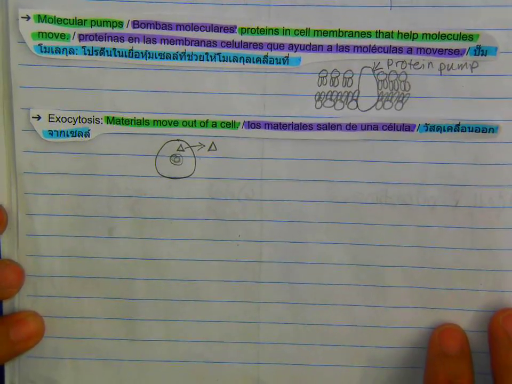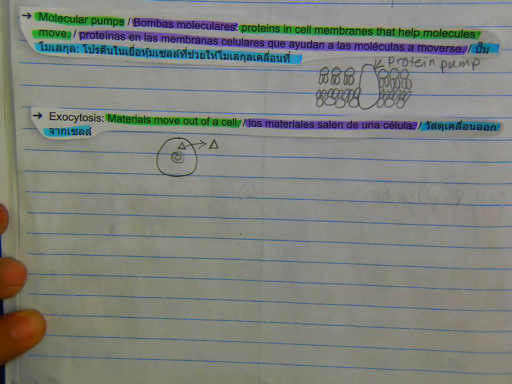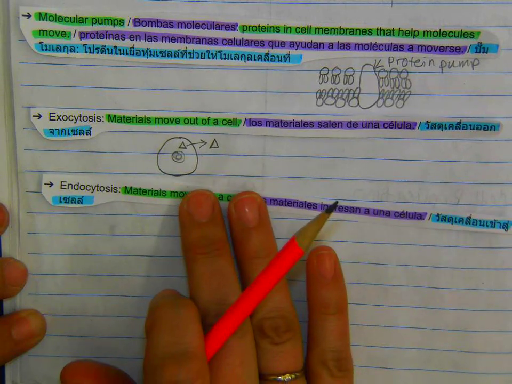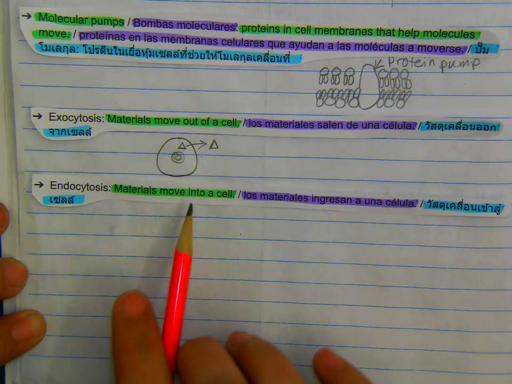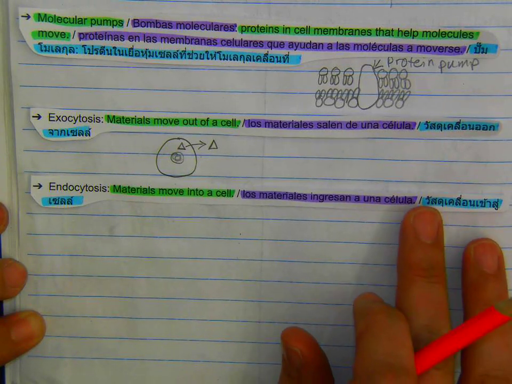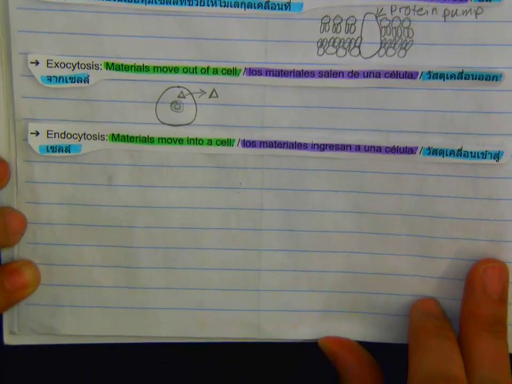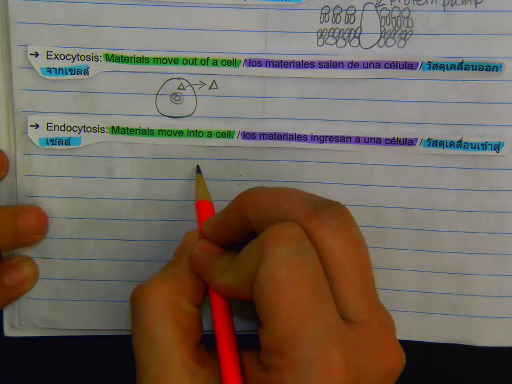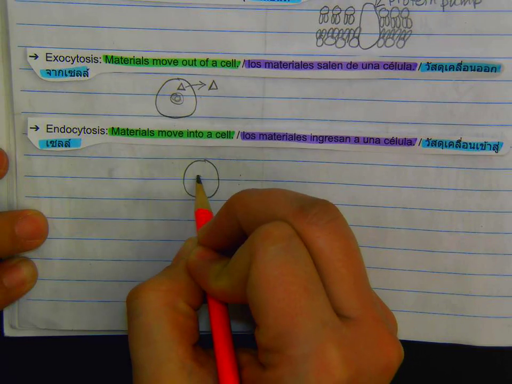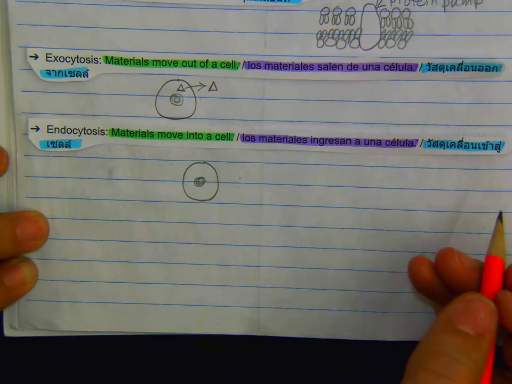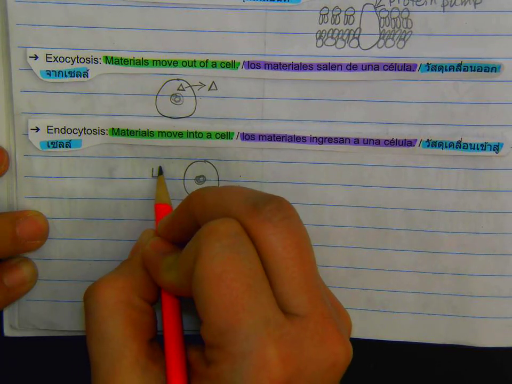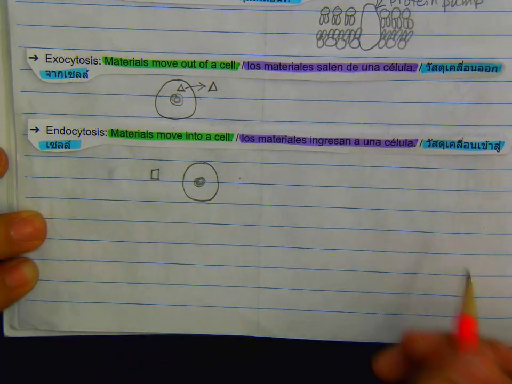The opposite is endocytosis, and endo, kind of like into, goes into a cell. So this time, instead of having our materials moving outward, we're going to have our cell with its nucleus, and maybe we have some material out here that the cell needs inside of it.